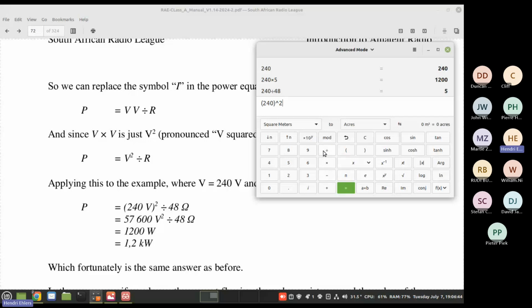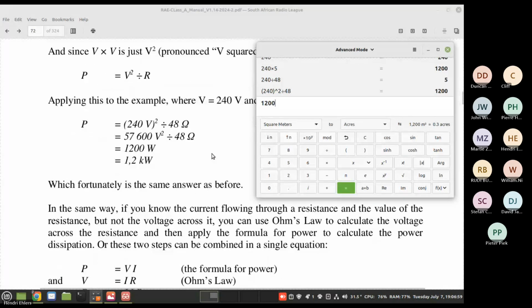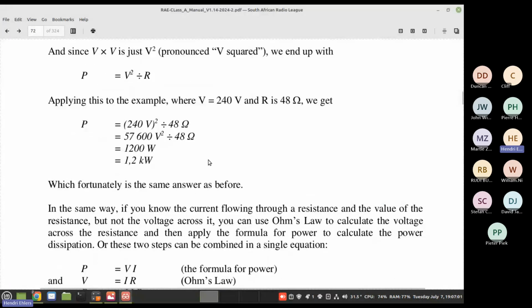Let's see if it works out. Divided by. And once again, it's important to indeed be familiar with your calculator.